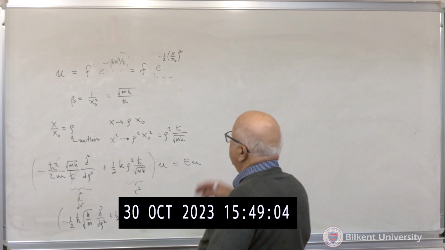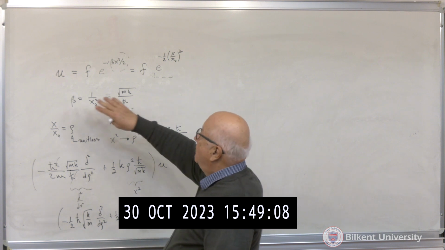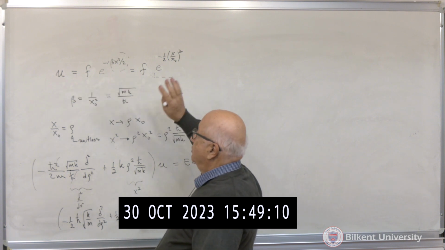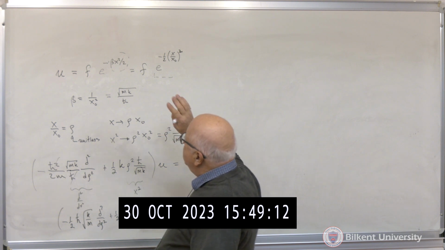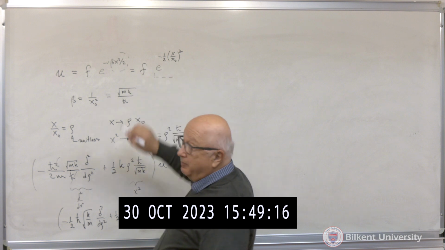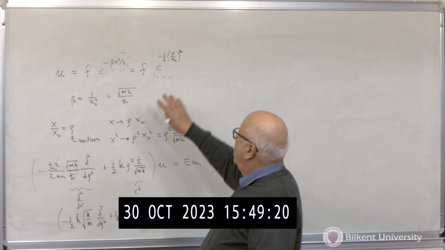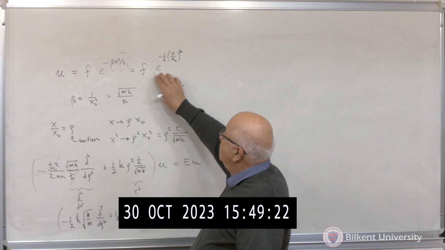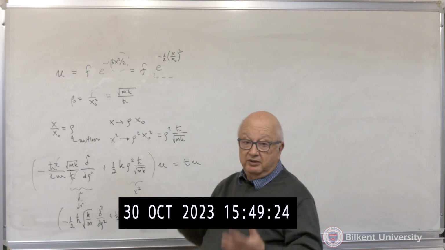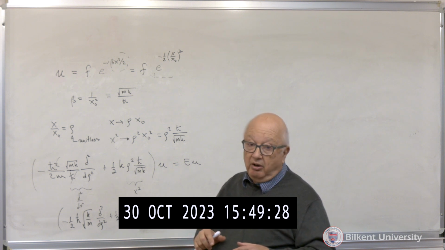Yes, I think there's some confusion about how I can write this as an exact solution. Now, you see, this is the asymptotic form, some approximation when x becomes very large. So I put that over here, and then I say this f is whatever is needed to make this the exact function. I could do other things.